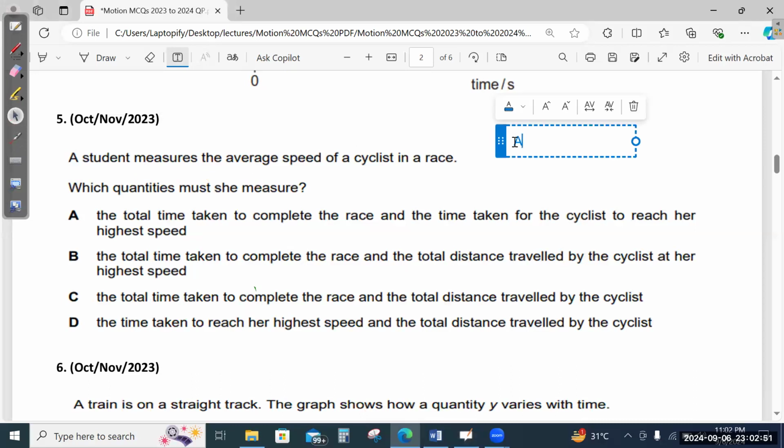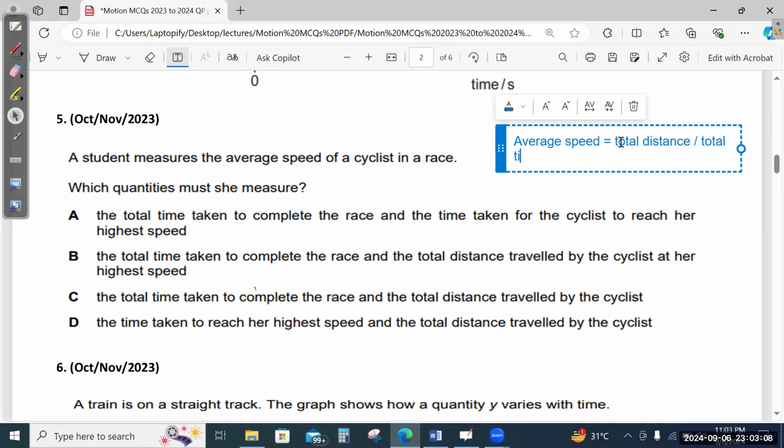Average speed is equal to total distance divided by total time. Okay, this is your formula.